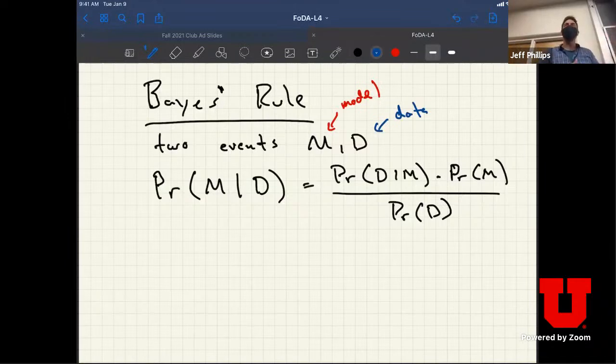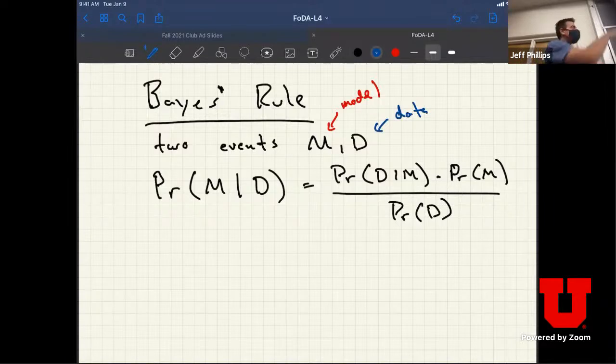This is what we do in this class: we'll be talking about how to build models after we've observed some data. We want to find the one that has the highest probability of being the right model. That's what the left-hand side is saying. We observe some data, D, and now that data is given to us. So given that data, conditioned on that data, what's the most likely model?